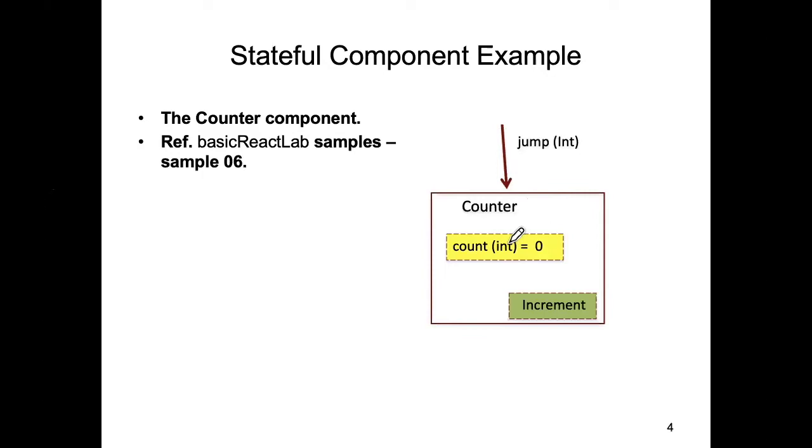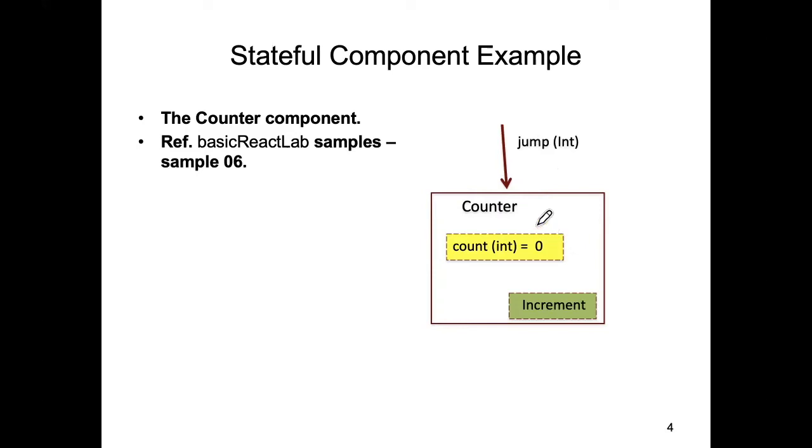It's also going to be an integer, coincidentally, and I'm going to call it count, and its initial value will be 0. My component is also going to have a button, and every time the user clicks the button, we want to change the count state variable, incremented by whatever value jump is. So it's just bumping it up incrementally.